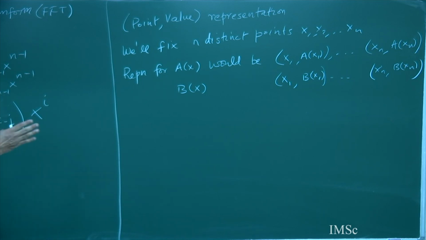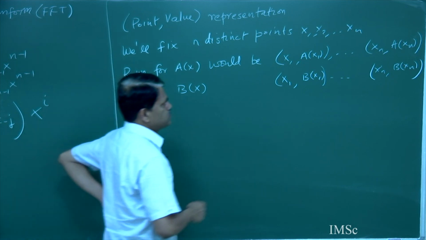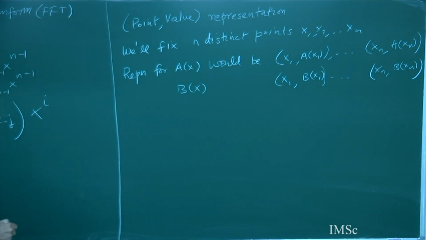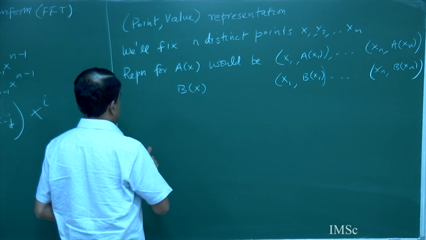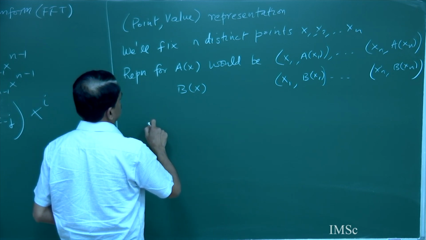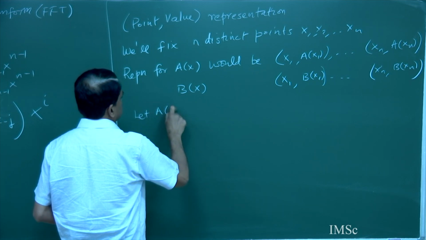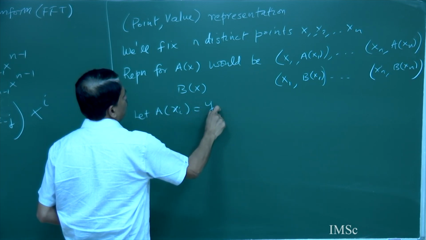So is it clear that you can actually go back and forth, that it's unique? How do you argue that if I know this polynomial on n different values, then I get a unique polynomial that satisfies these constraints? Write down your equations. Let A(xi) be denoted by some yi.